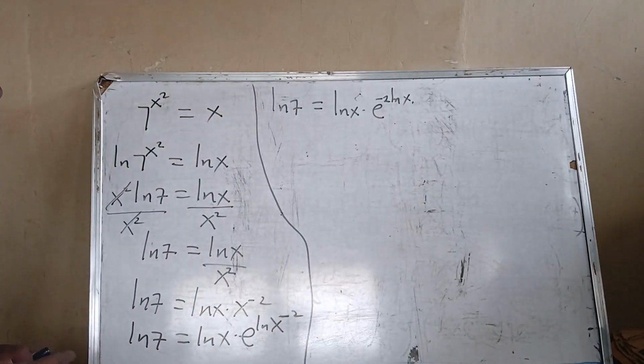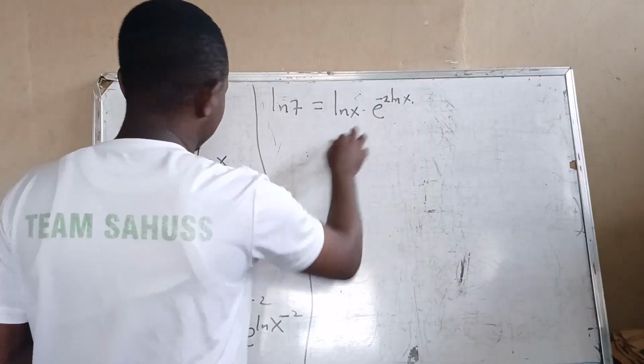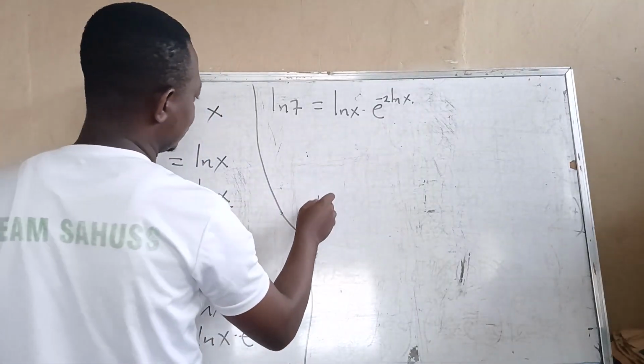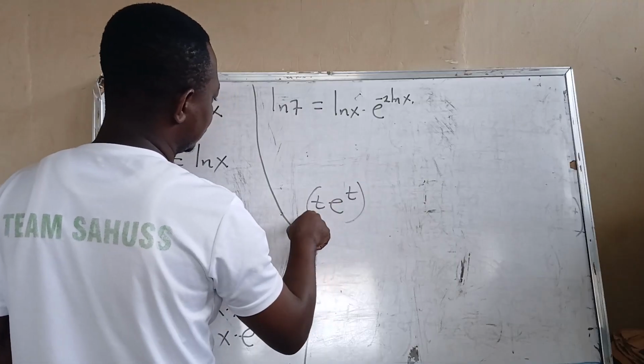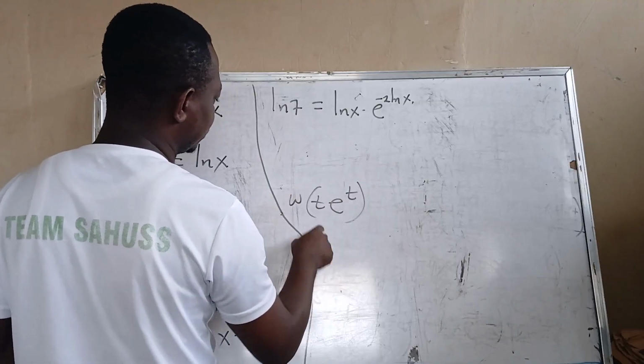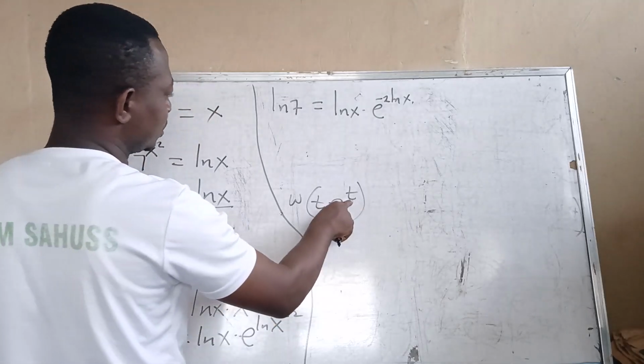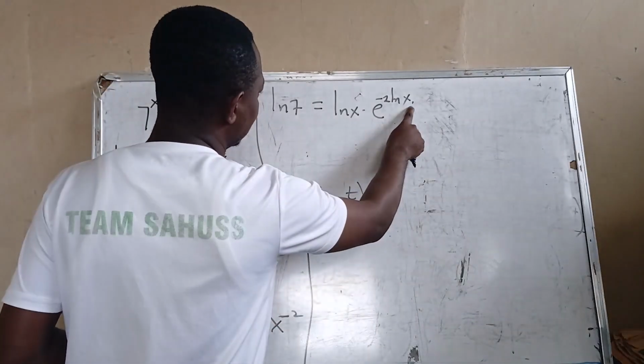All right. Now we have the e here. Okay. Now don't forget that we said t times e to the t. T here, t there. When you take the W function, the answer is t. So this is t: minus 2 ln of x.